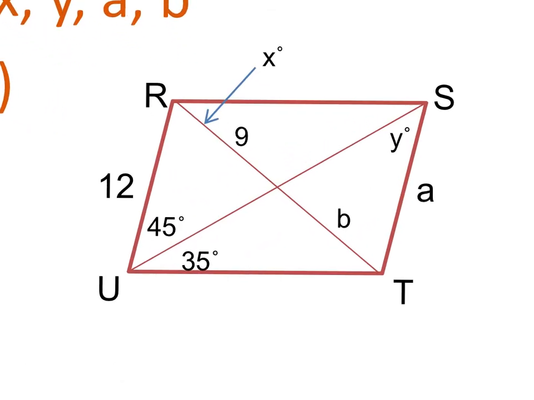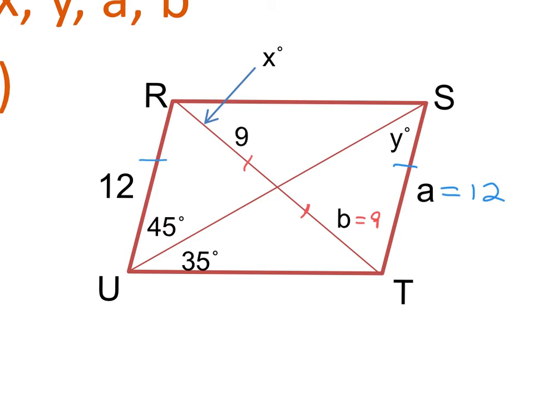So again, to find what a equals, opposite sides are congruent. So a is 12. b is on the diagonal. I know diagonals are bisected, so I know b is going to be 9 because these are congruent. And now here's where I'm pulling in my parallel sides and my transversal.